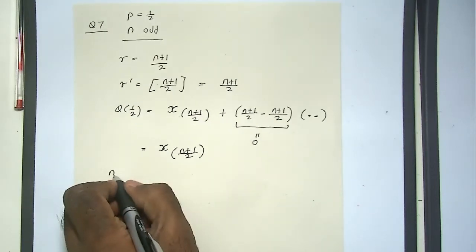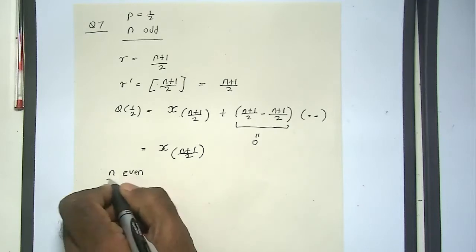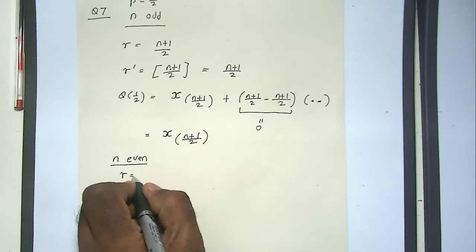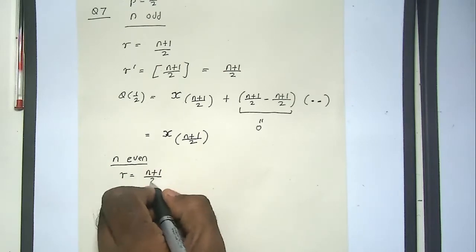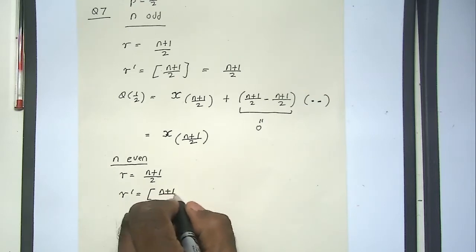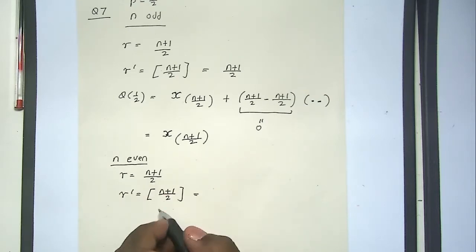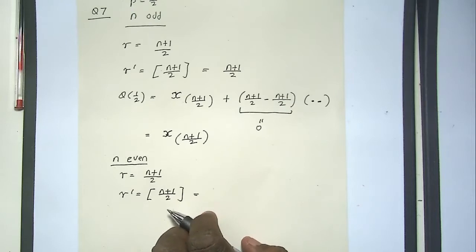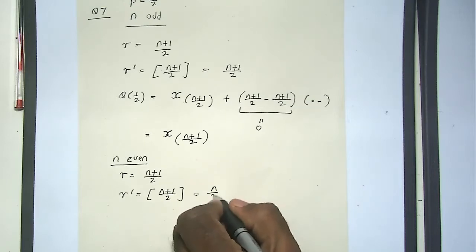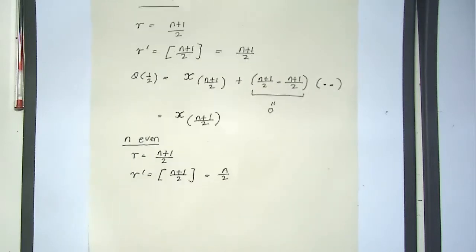Now, n even. N is even, r is still (n plus 1) by 2. R prime is the integer part. Now, n plus 1 will be an odd number. So the odd number divided by 2 is not an integer, it's a fraction. So what's the integer part of this, guys? What would this be? n over 2. Yeah, exactly. All right.